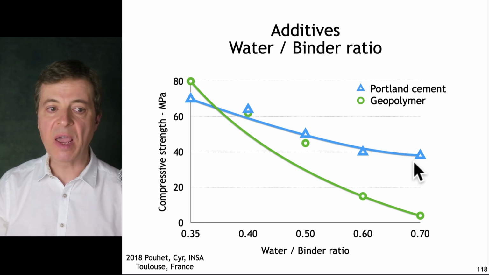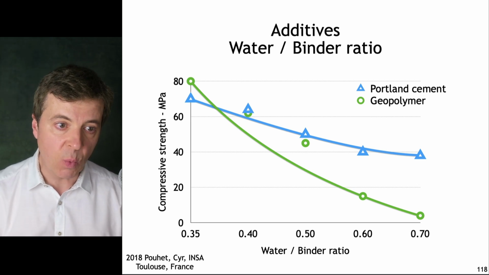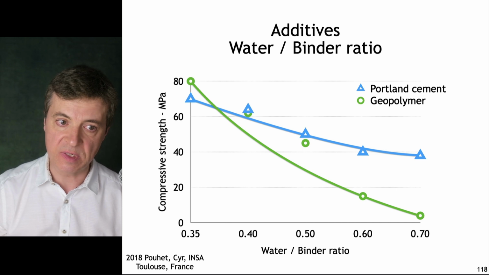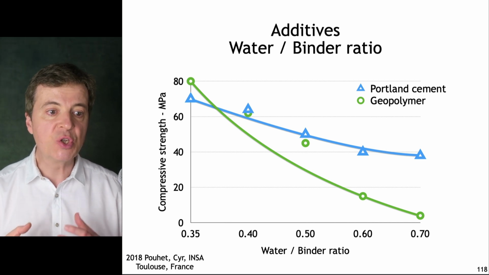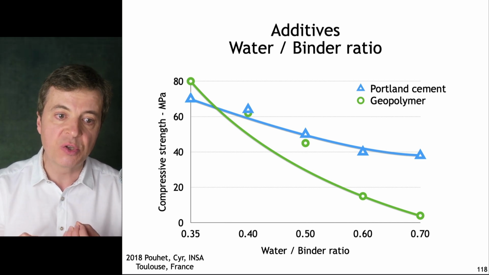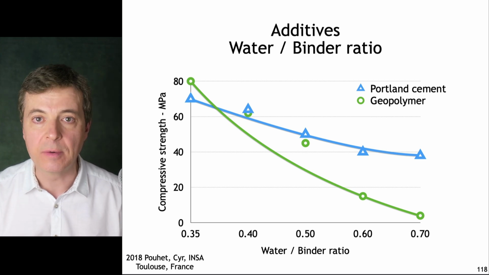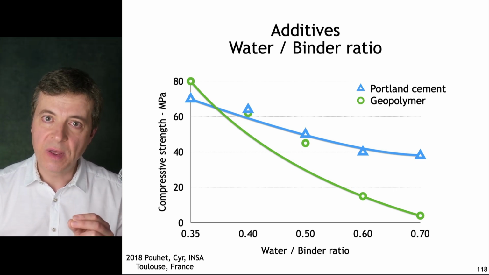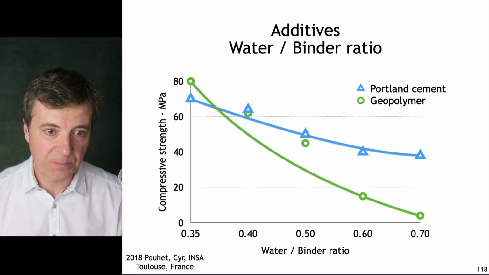This is explained by the fact that the added water is not used to form a hydrate, as in Portland cement, and therefore does not participate in the structuration of the material. This is the proof that a geopolymer is not a hydrate.